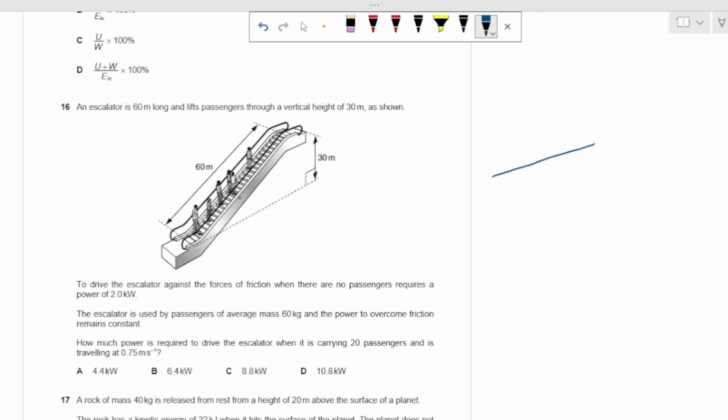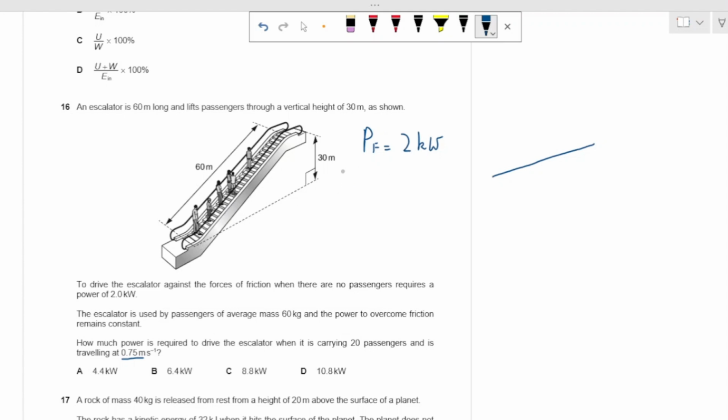For the power against the force of friction, that will actually be 2 kilowatts, because they have said that for the whole period of them going up the escalator, the speed of the escalator was constant, and whenever speed is constant, the power against friction will equal the power which the passengers are trying to overcome. So the frictional power will remain constant at 2 kilowatts.